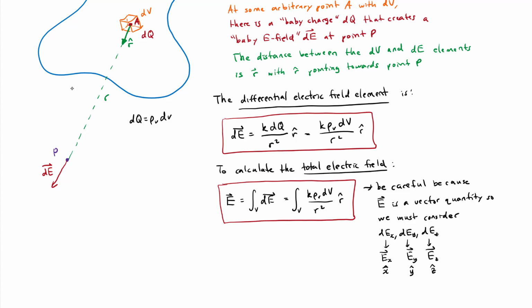And then at the end, you would just get the magnitudes of each one, and then your E would be equal to Ex in the x direction plus Ey in the y direction plus Ez in the z direction.